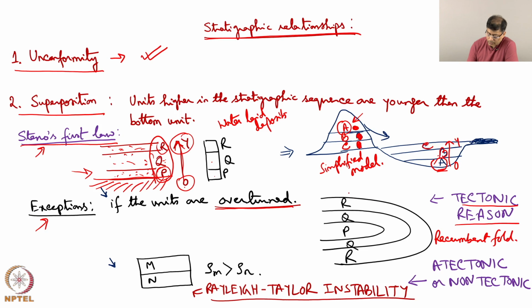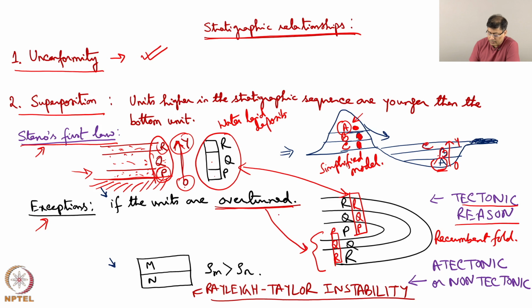Here if you drill, you will find unit P, Q and R, and if you drill over here you will find R, Q and P. So, while the normal succession can be found over there, an exact overturn has happened in one of the limbs.